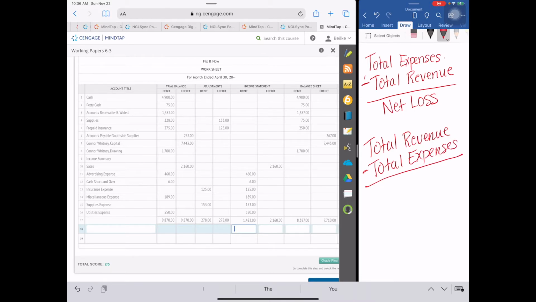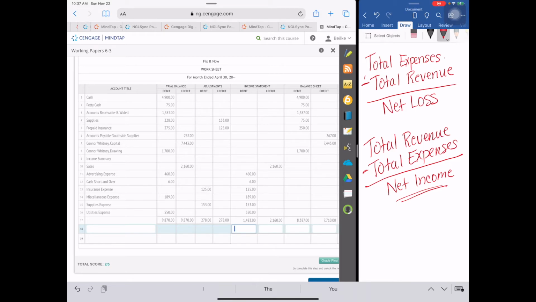Our revenue is greater than our expenses, so we will have a net income. If you look at our problem to the left, you can see that our total revenue, which is our sales, our income statement credit column, 2160, is greater than our total expenses, which is our income statement debit column. So therefore, it's a good indication that we will have a net income.